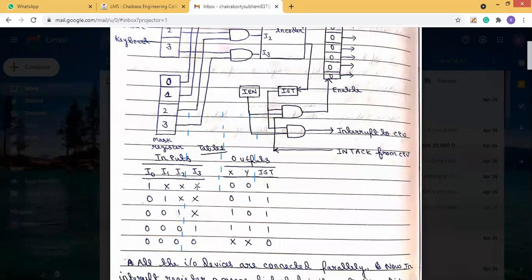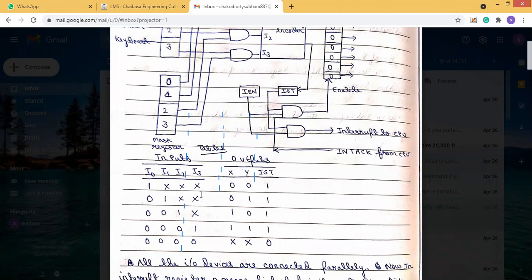If all the devices generate interrupt, we will only consider the highest priority interrupt, and the other priority interrupts will be discarded. Yes, we will consider it as a don't care condition. That's why it is written XXX.